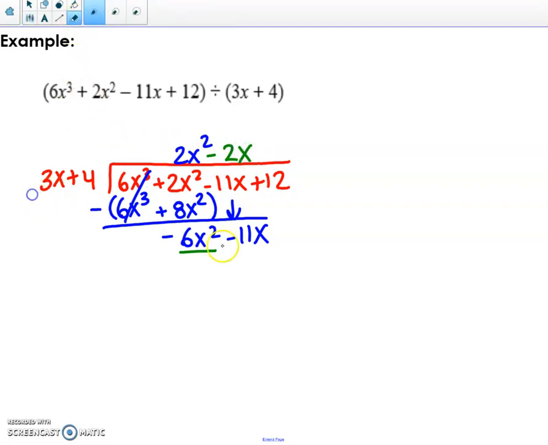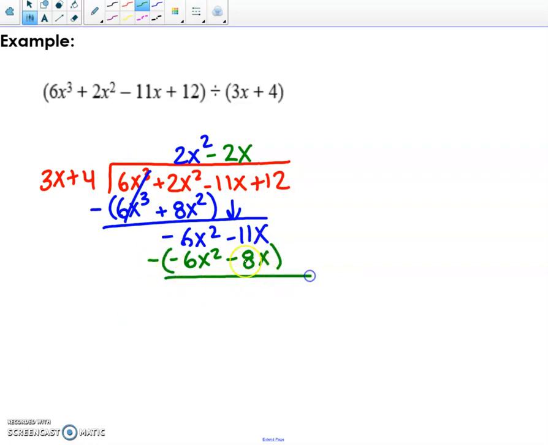And then again, we'll multiply the negative 2x times the 3x, so that's negative 6x squared. Negative 2x times 4 is going to give us negative 8x, and then we subtract. So negative 6x squared minus a negative 6x squared will cancel out. Negative 11x minus a negative 8x is going to give us negative 3x. Bring down the next term.